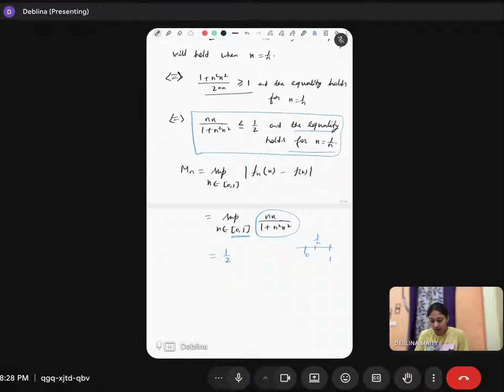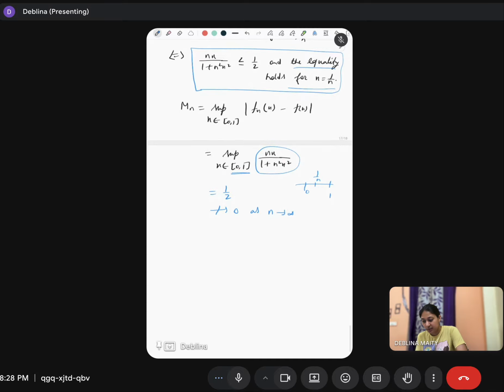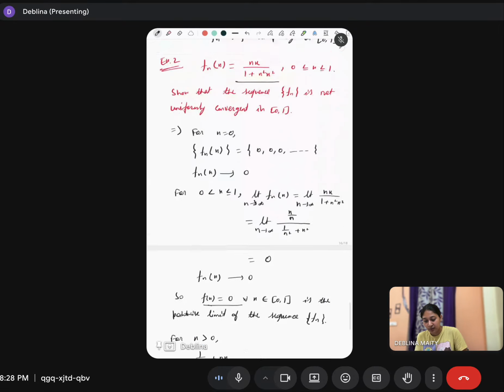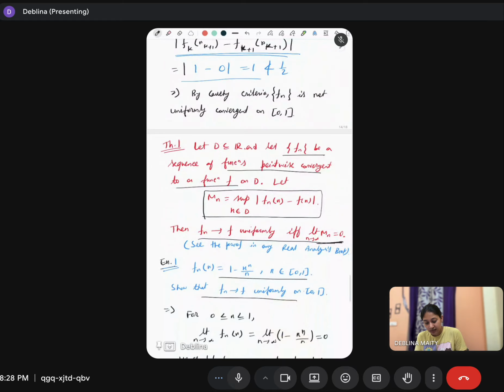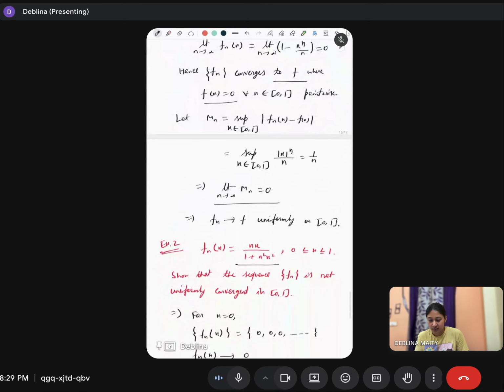So this means Mn does not go to 0 as n tends to infinity, because Mn is always half. So it is not going to 0. So by this theorem, if Mn does not go to 0, then it will not be uniformly convergent.